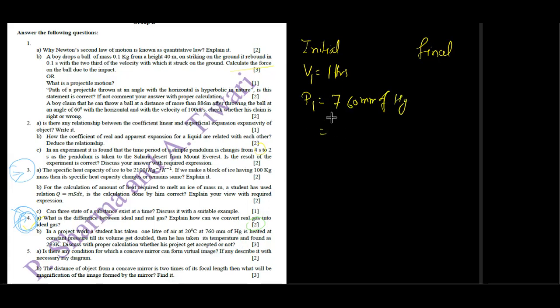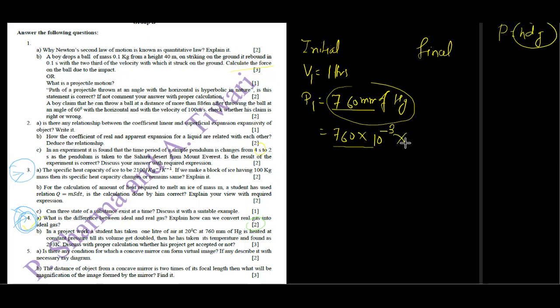You can convert it into Newton per meter square by multiplying by 10 raised to power minus 3, since this is the height of the mercury, and it will become meters. As you know, liquid pressure is the product of h, rho and g, that's why we have height here. Now we have to insert the density of mercury, which is 13,600, and let us take gravity 9.8. After solving this, we will get pressure in Newton per meter square.